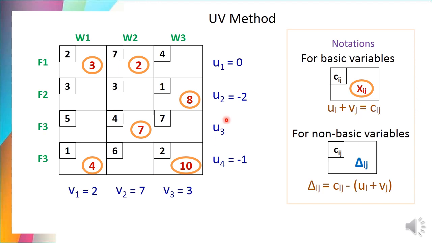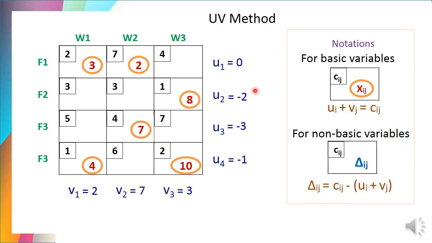So 3 plus u2 is equal to 1. So that is how we got u2 is equal to minus 2. Now for u3, we can observe that 7 plus u3 is equal to 4. Therefore the value of u3 is nothing but minus 3. So this is how we are getting the values of u's as well as v's.